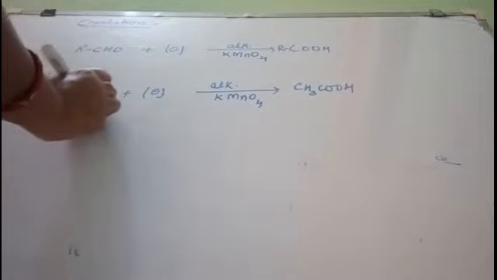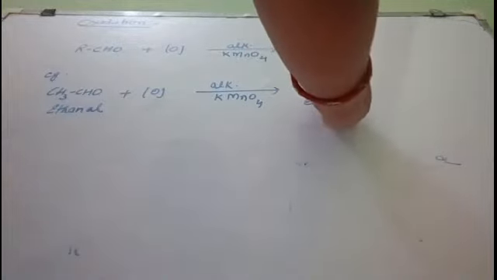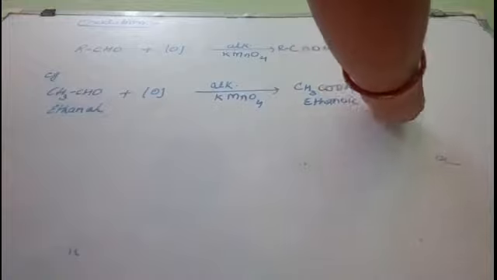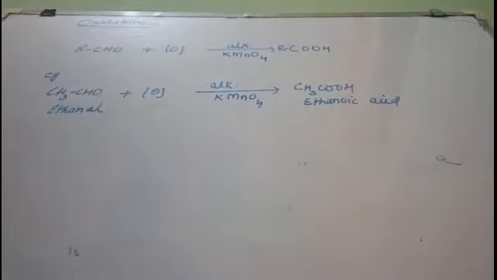Ethanal will provide you ethanoic acid, the same number of carbons: two in the reactant and two in the product, right? So that is how an aldehyde is oxidized. As I have told you, it can be oxidized by mild oxidizing agents also.